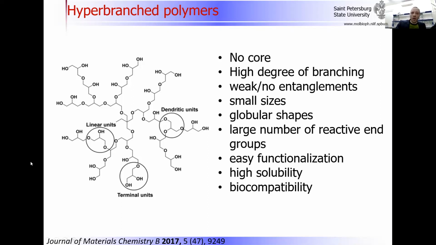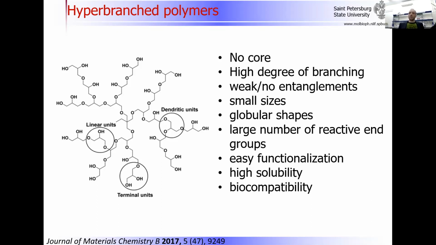In this case, we have hyperbranched polyglycerols, which have as end groups huge amounts of hydroxyl groups, which can be easily functionalized. It is also a water-soluble polymer, which shows excellent compatibility.